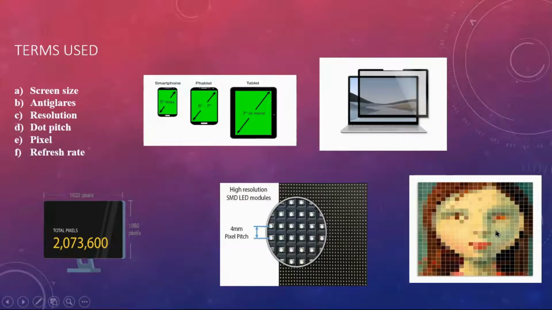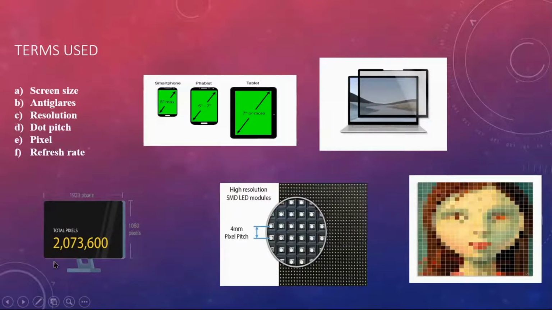The same thing applies when you have your phone and you're viewing an image. Try to zoom in to a point that you're able to see some boxes, squares on the screen. Those squares you see are the smallest units that make up the picture as a whole, and each of those units is what we call a pixel. When we put a pixel in terms of resolution, we're looking at the total number of pixels a screen can accommodate.